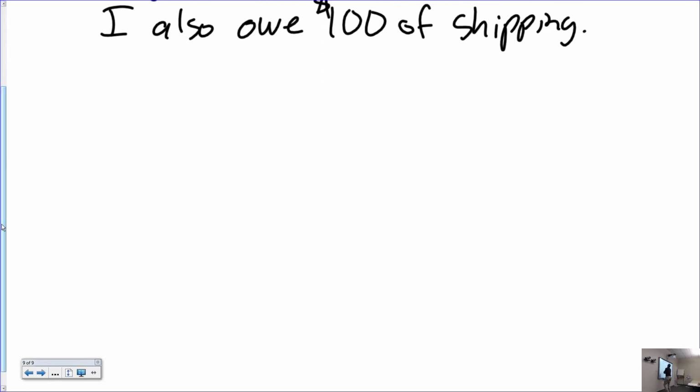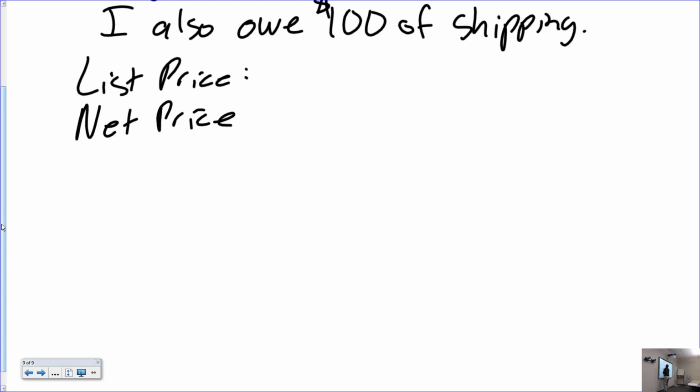So in this problem, I am now going to ask you to tell me what is the list price. I'm also going to ask what is the net price equivalent rate. Please note that I'm asking for these numbers as rates, not as percents. So just leave them as the decimal that you get. Okay, don't change them to percents. Even though they technically represent a percent, don't do it.